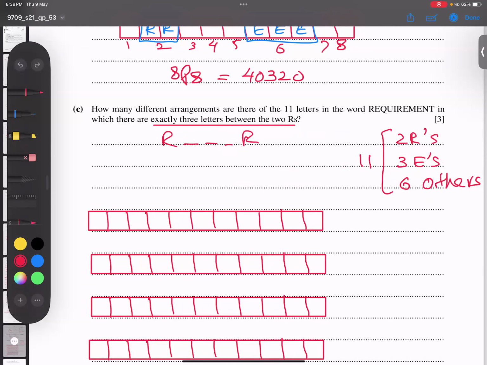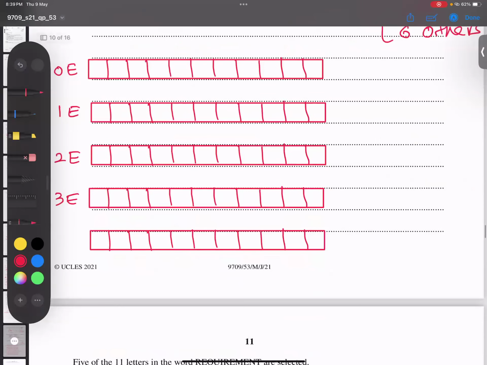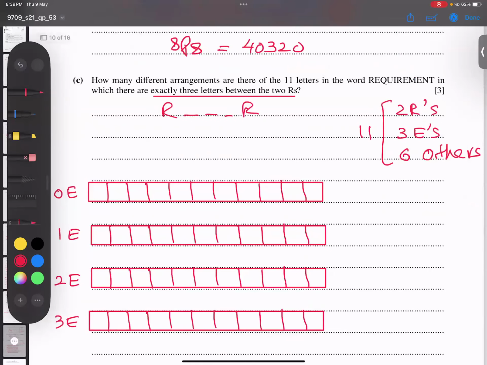Let's start from 0 E's, then think about 1 E, then 2 E's, and then 3 E's. Sorry, one minute. The last option is not needed, so we have a total of 4 options.